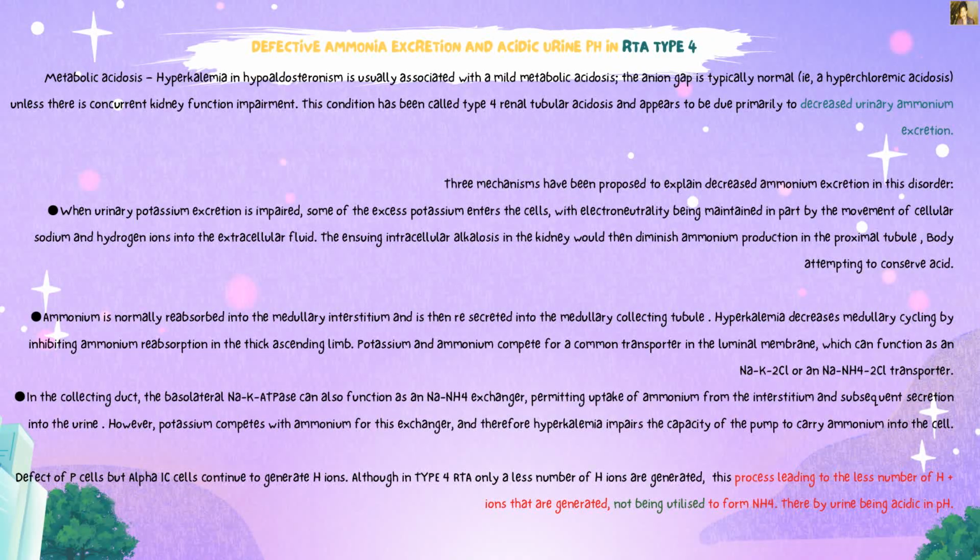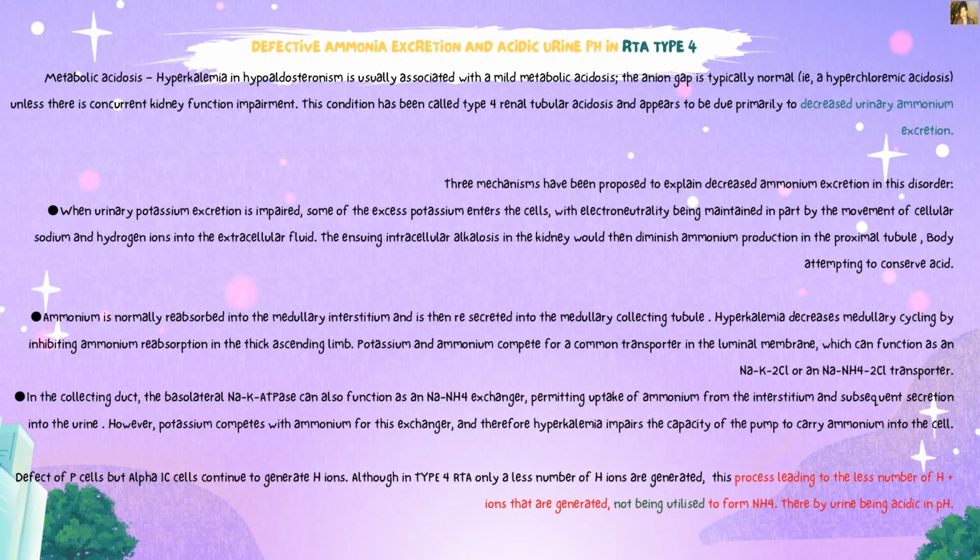The next thing for us to know is that there is, like I said, decreased urinary ammonium excretion, and how does that actually happen? Quite a few mechanisms have been proposed for the decreased ammonium excretion in type 4 RTA.